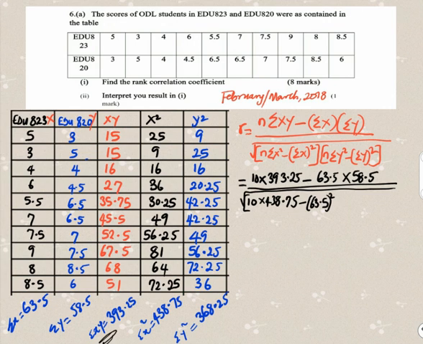So we're going to square that. Take note. Then for the second part, 10 again multiplied by summation y squared, 368.25. Then we subtract summation y, 58.5, then square.